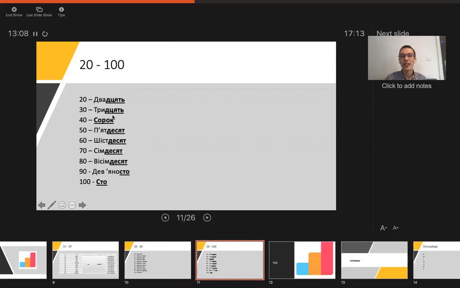Yeah. So take a look, 20 and 30. Also, an important thing is that you can see д, в, а, then д, ц, я, т, мʼякий знак, soft sign. This is how you spell it, but when you pronounce it, д, you always leave out. So you don't say двадцять, you would say двацять.